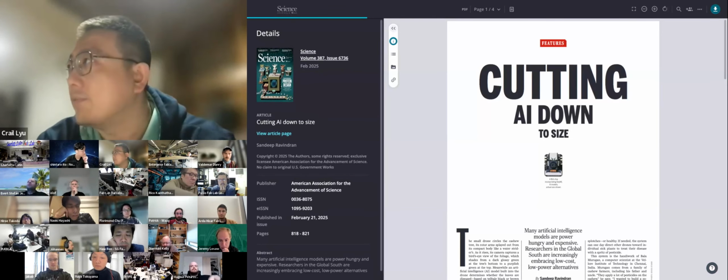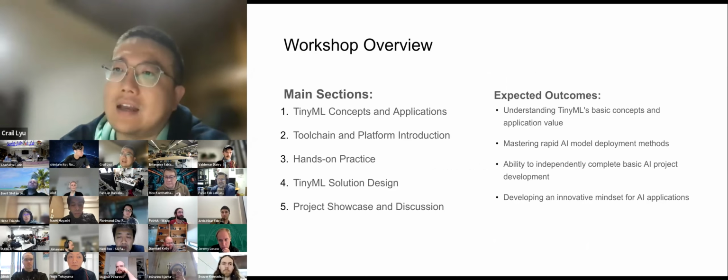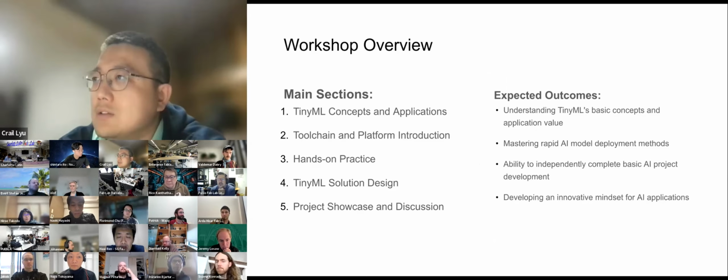This is a hands-on workshop as well, and you can follow the details by yourself, using your own hands-on shell, to try the tiny machine learning concept, choose your toolkit, do some hands-on practice, and try to design the solution by yourself.